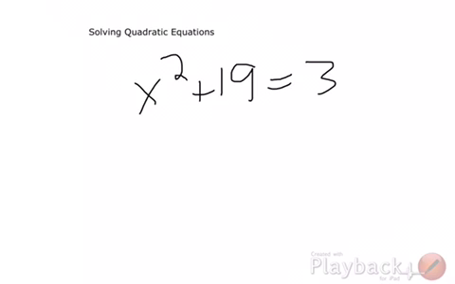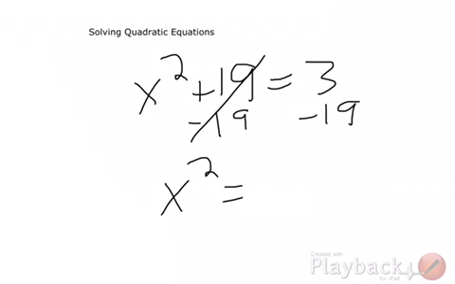Here's another example I'd like you to try out. Go ahead, pause the video, get x by itself, solve the quadratic equation. All right, so I think I might have tricked some of you again. If we try to solve this quadratic equation, we'll first start off by subtracting 19 from both sides. Great. x squared equals negative 16.